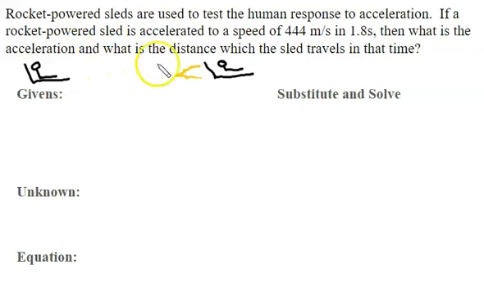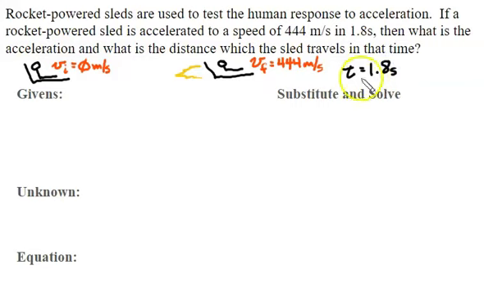What do I know about this? I know that velocity final equals 444 meters per second, and I know that velocity initial equals 0 meters per second. I know the time that it takes for this to happen is 1.8 seconds.